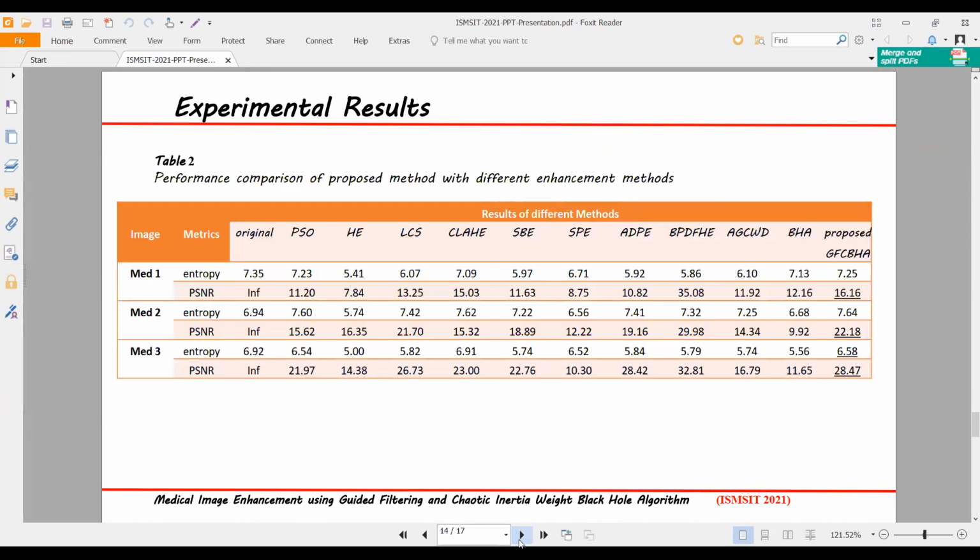So now I show the performance of the proposed approach compared to these 10 state-of-the-art methods for entropy and PSNR. We show it with the 2 parameter criteria, entropy and PSNR. Our proposed approach, when you consider the PSNR compared to other approaches, can reach the highest one, and in terms of entropy, the second highest one in most of the images.